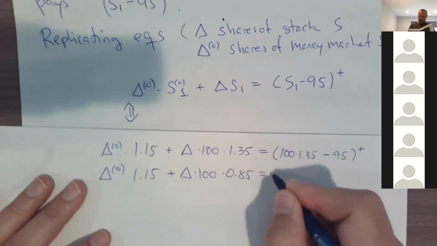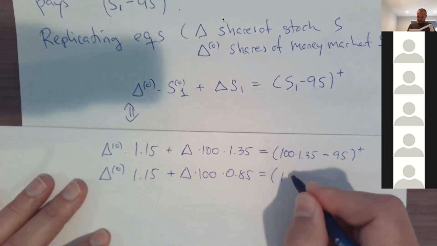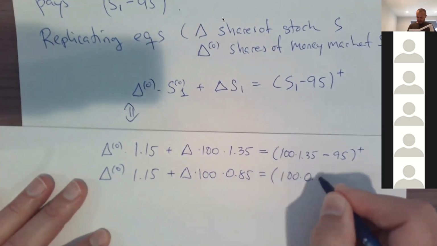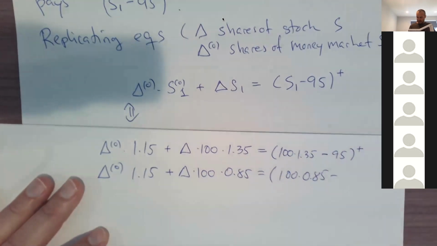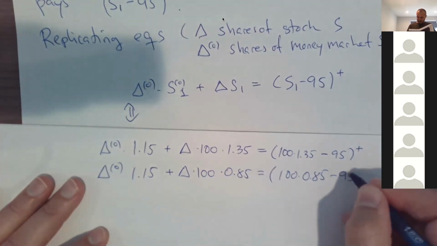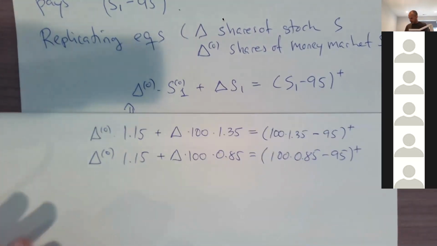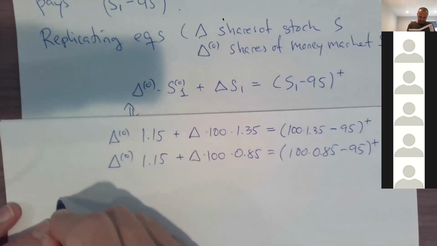And I want that to match up with 100 times 0.85 minus 95. So that is exactly what we had before, except the numbers have changed a little bit.